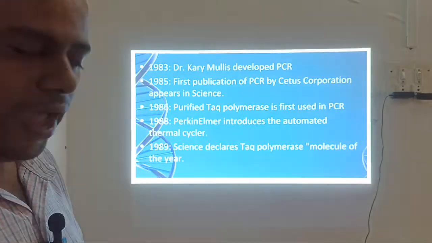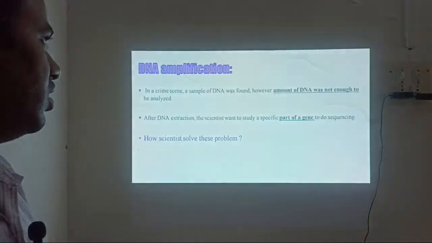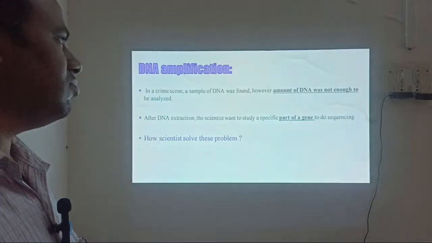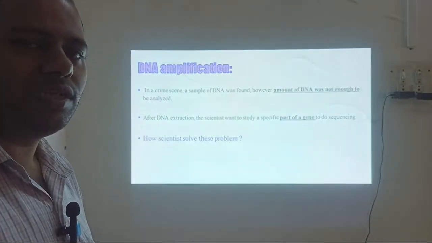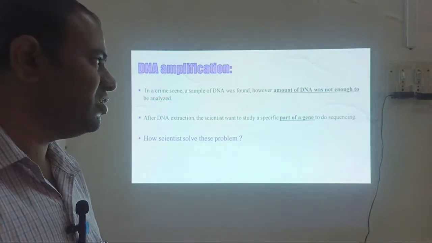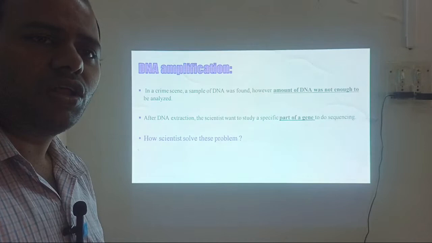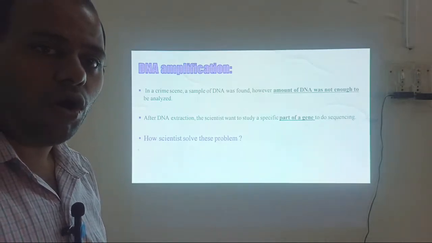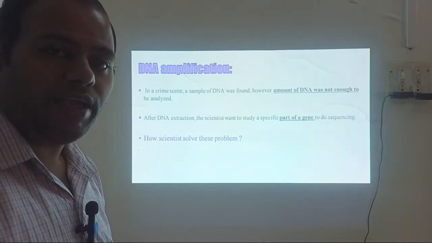Okay, so I think here the DNA amplification is done. In DNA amplification, for example, in a crime scene, you have a very small amount of DNA. Okay, the sample which is present is very small. Or if you take another example, archaeological evidences or fossils, where the amount of sample is very small, where you require more amount of DNA for the analysis.